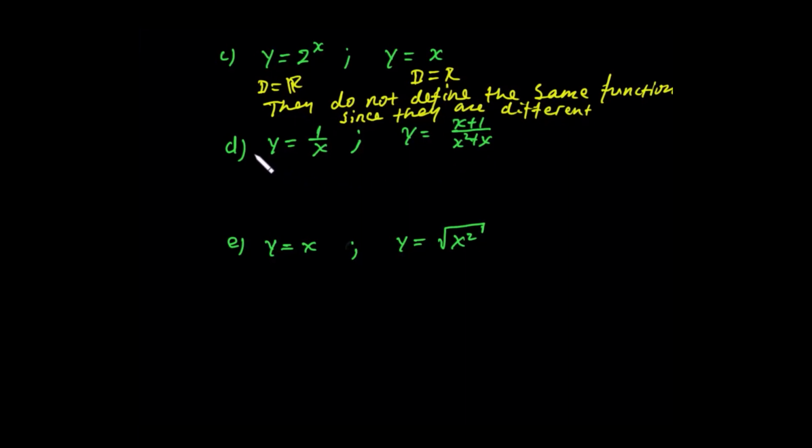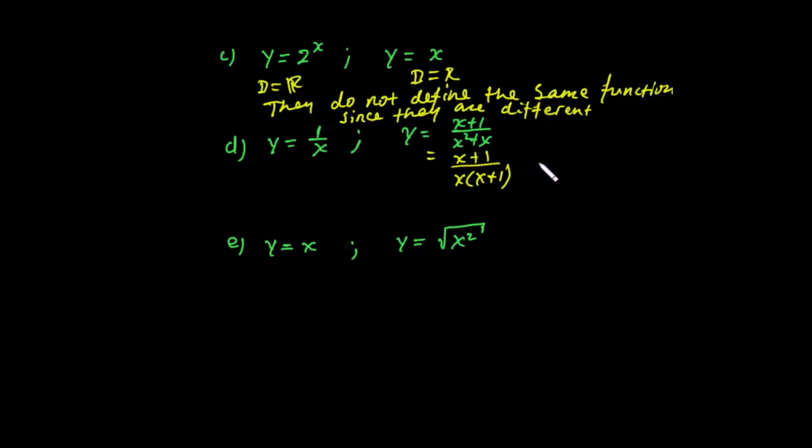Coming to d: y equals 1 over x and y equals (x plus 1) over (x squared plus x). Let's analyze this, students. Here x is common: x times (x plus 1). The x plus 1 cancels, so it equals 1 over x.